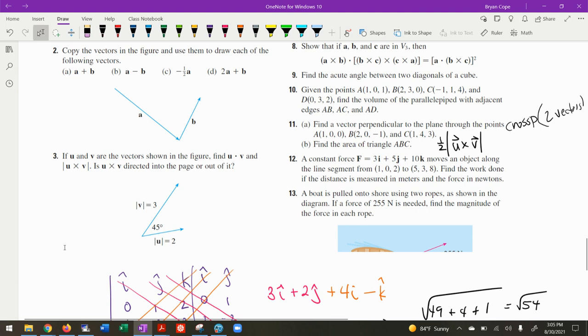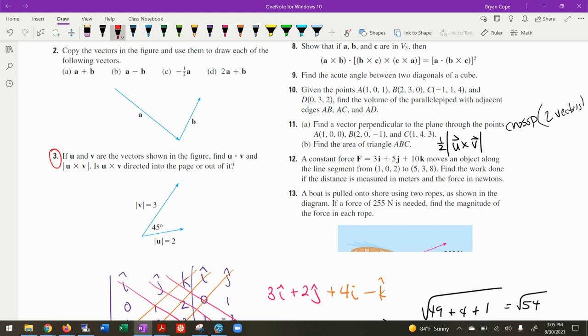Okay, I like 3. I want somebody to talk me through 3. Okay, this is going to be Joe. Find U dot V, you could say the magnitude of U times the magnitude of V times cosine of our angle. Good job. What's that going to be?